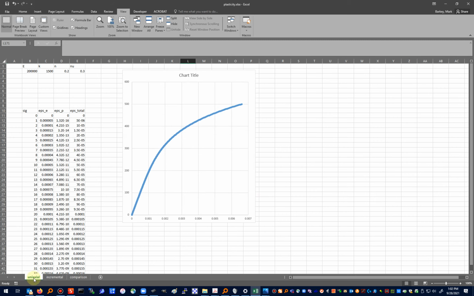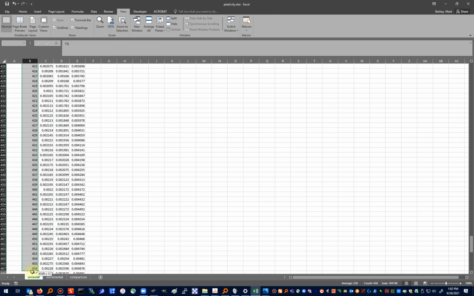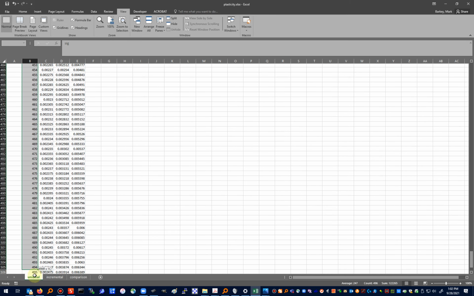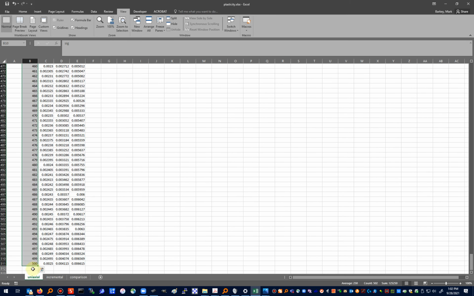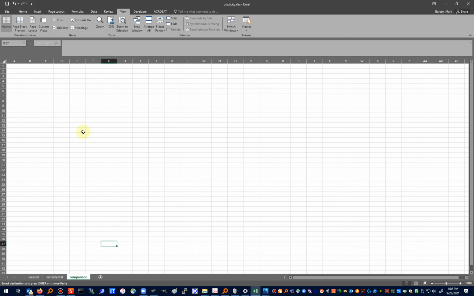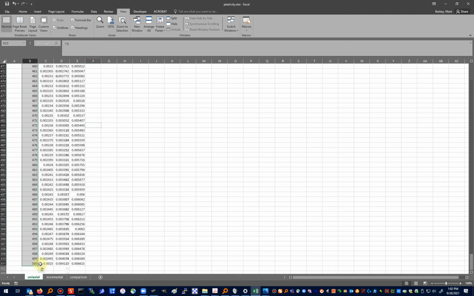And if it doesn't work out, I'll have to find my issue, but I'm going to take this from my Ramberg-Osgood equation, and the total strain.